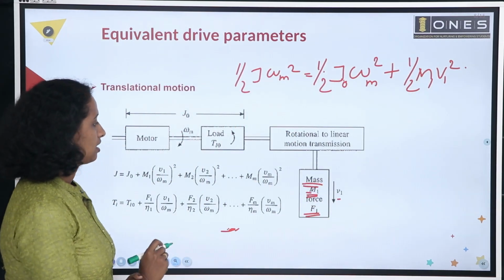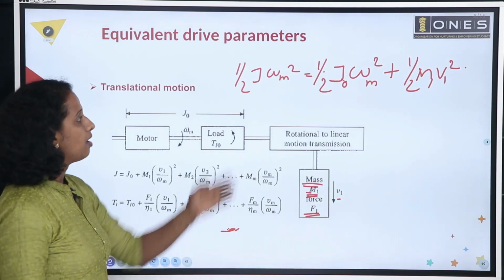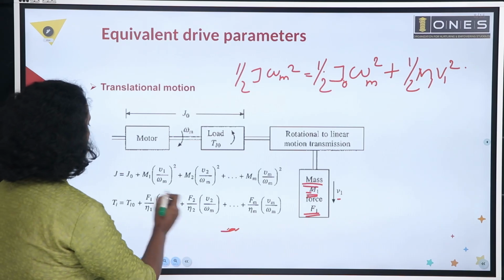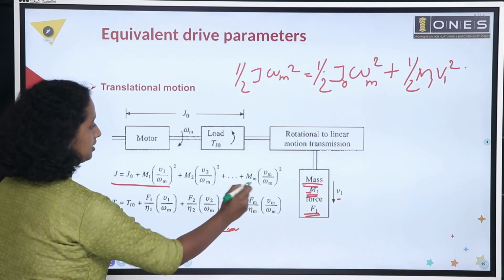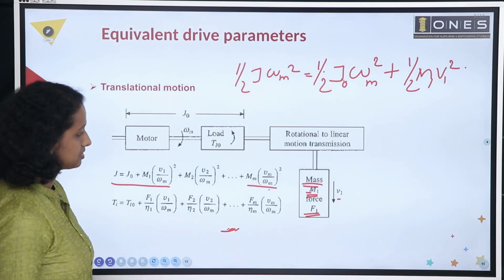This is the kinetic energy of a translatory system. By rearranging that, you will get this equation. In this case, m loads are connected, that's why it is written like this.